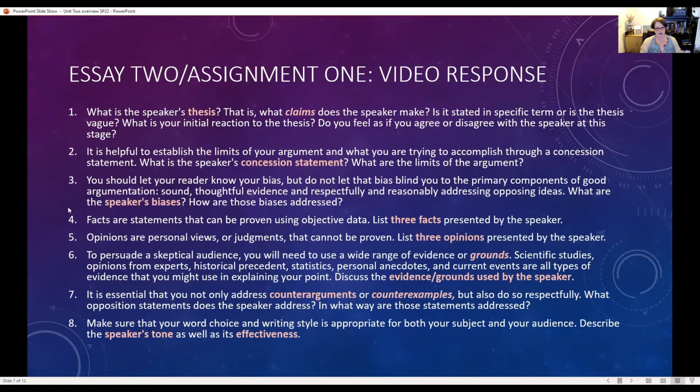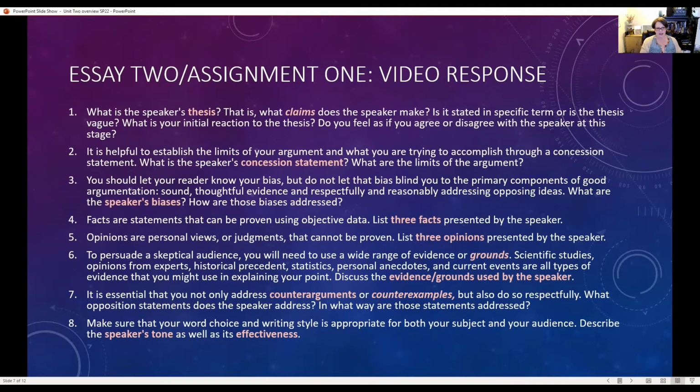And then questions 4, 5, and 6 deal with the type of support or the type of grounds. And you want to be able to discern between what is fact and what is opinion. So we ask you to list 3 facts and then 3 opinions, which are personal views or judgments that can't be proven.